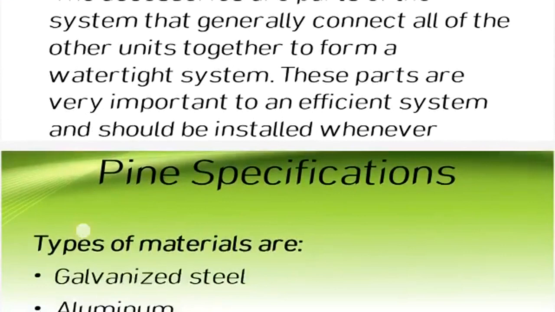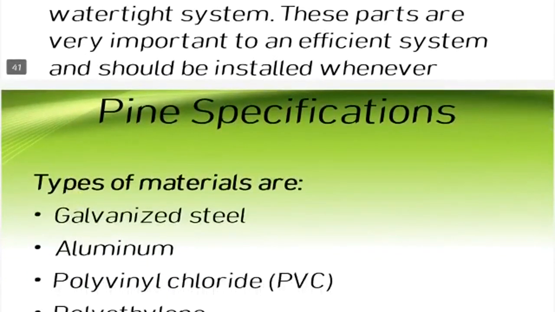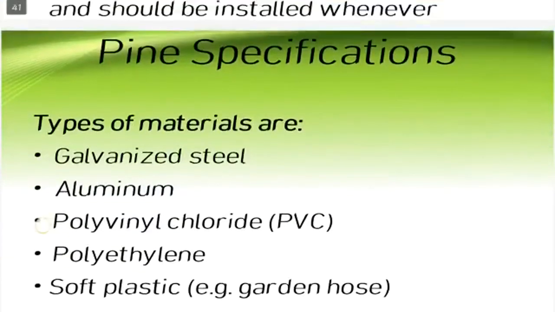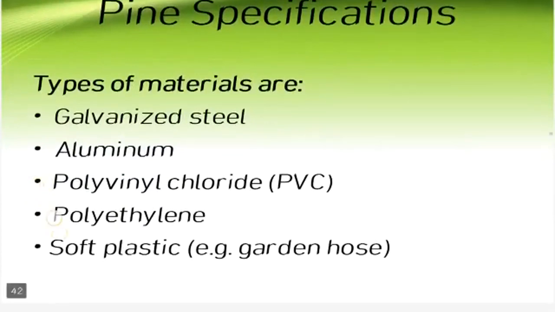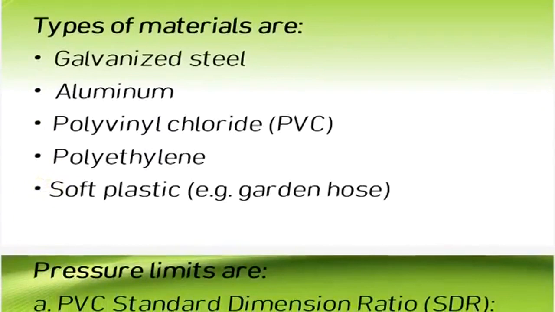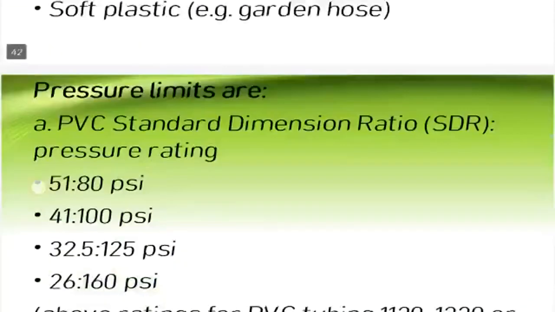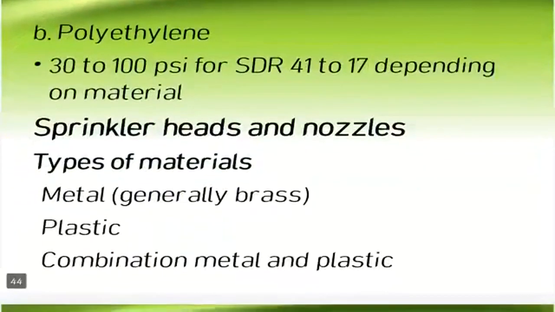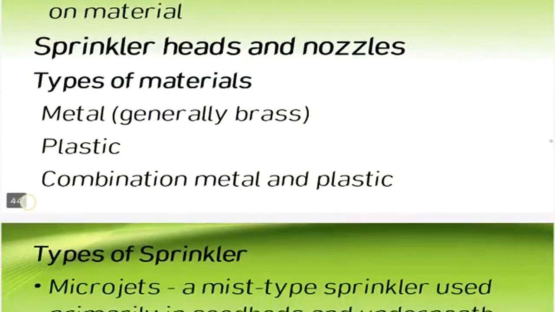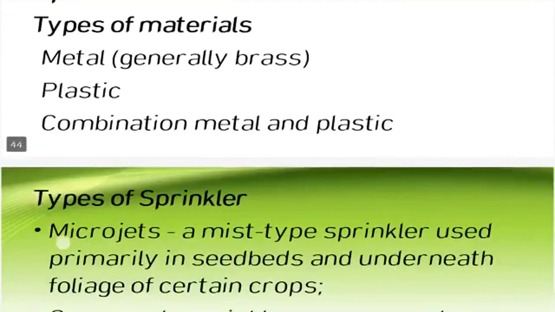These parts are very important to an efficient system and should be installed wherever needed. Pipe specifications, types of materials: galvanized steel, aluminum, polyvinyl chloride, polyethylene, and soft plastic. Sprinkler heads and nozzle types of materials: metal, plastic, and a combination of metal and plastic.